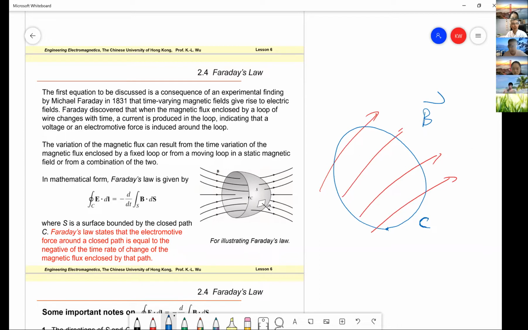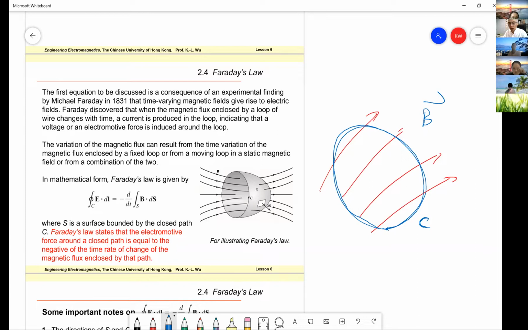Then what we found is that the electrical field integration along this closed contour is not equal to 0. This is the foundation for people to create the electrical generator and the electrical motor, right?